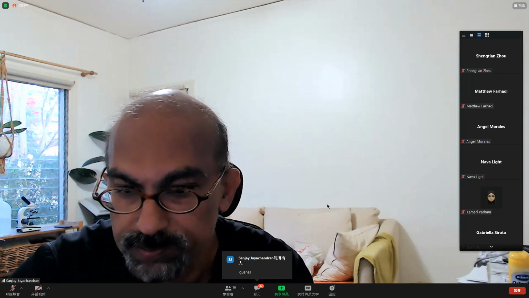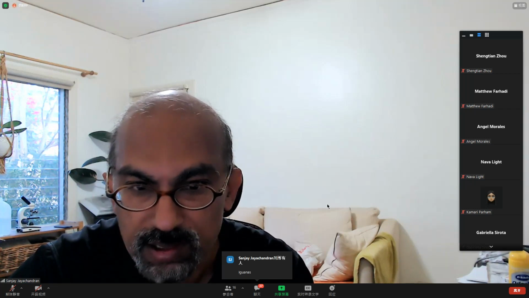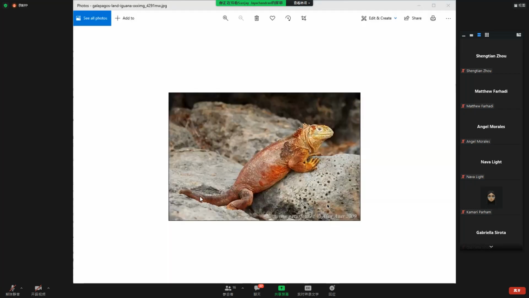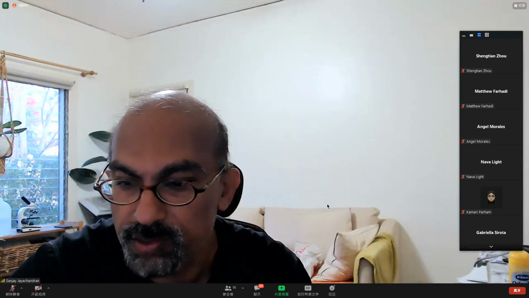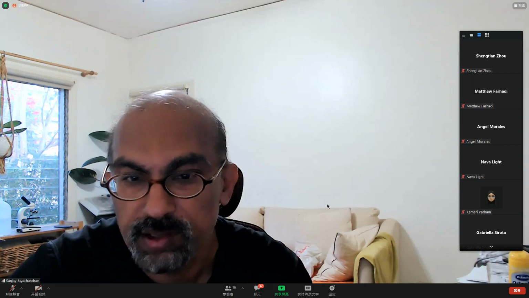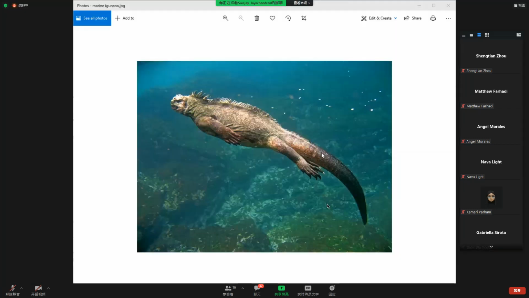The land iguanas, he notices, have nice round tails, suited for land survival. They're kind of bulky. And then he notices the marine iguanas, slightly different, more slender, and they have a flat tail.